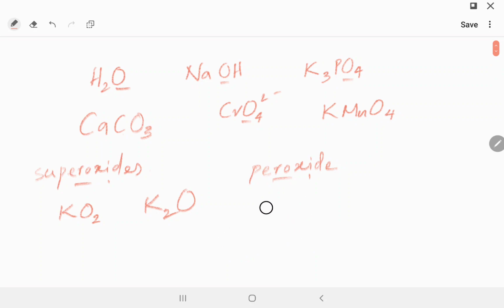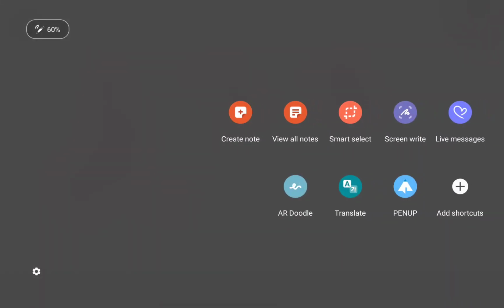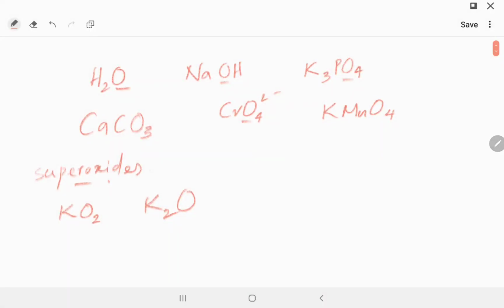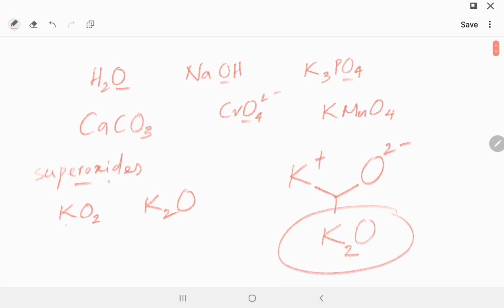You should not ask why, because if I ask you to write the oxide of potassium, you should write it like this. Potassium is +1, oxide is -2, and in ionic compounds we learned that when writing the formula, you write the metal first, swap the charges, take the 2 from oxygen and put it as a subscript next to potassium, and then you write oxygen, and oxygen gets 1. So this is the oxide.